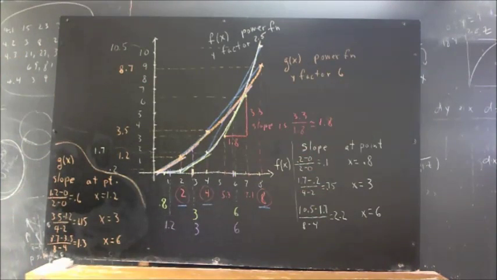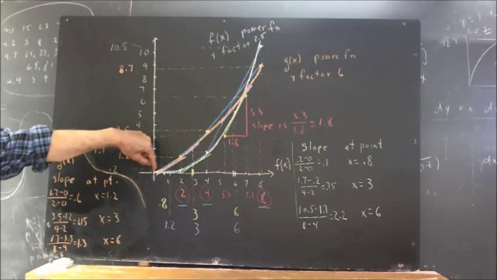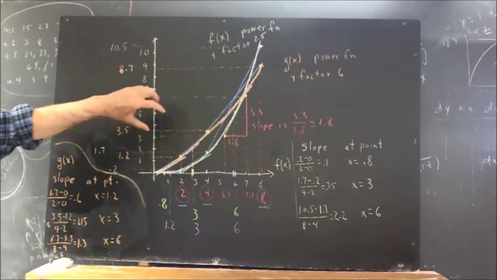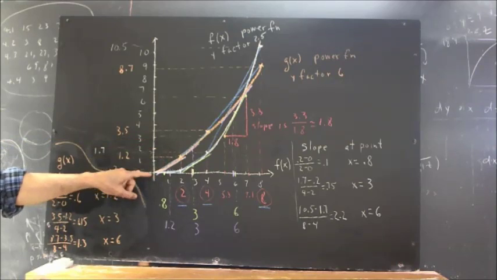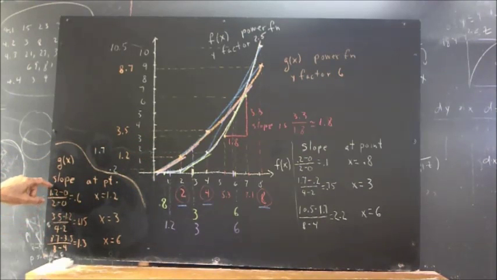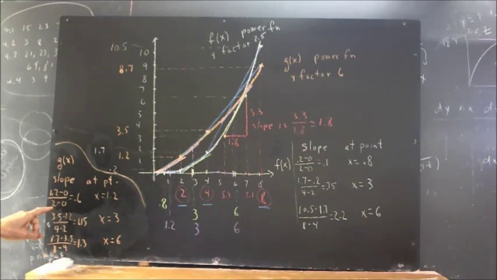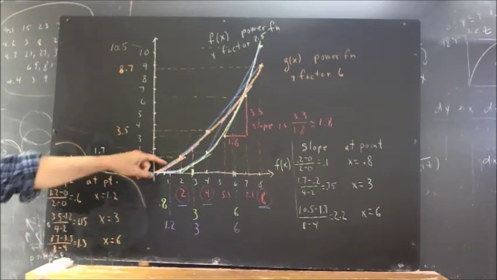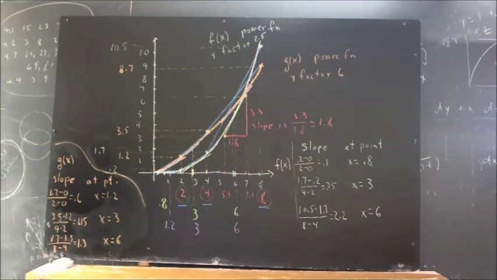Then for the g of x graph, we make similar estimates. The first segment of this graph, or the first blue line here, has y-coordinates that go from 0 to 1.2, so the rise is 1.2 minus 0. X-coordinates from 0 to 2, so the run is 2 minus 0. We end up with a slope of 0.6, and we estimate that that tangent line occurs when x is about 1.2.